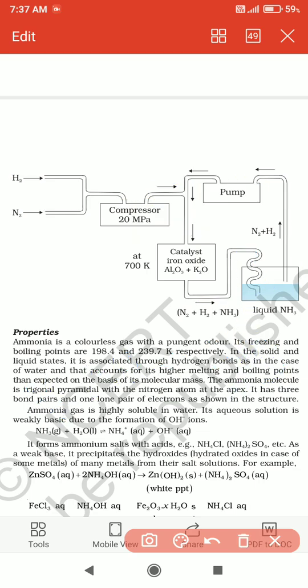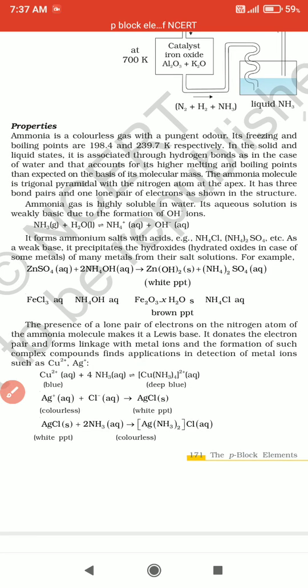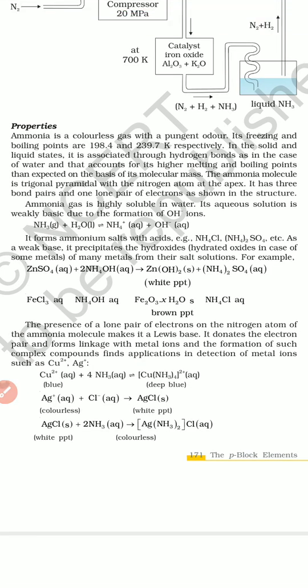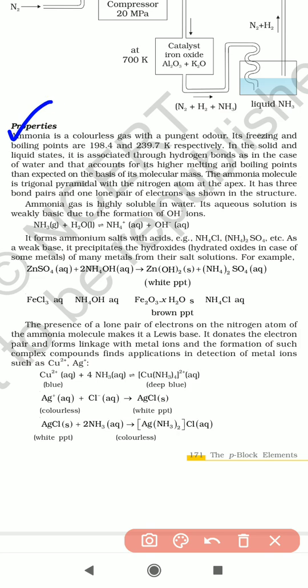So let us see what the properties are. What are the properties of ammonia from Haber's process? Just all of you see. Ammonia is a colorless gas with a pungent odor. Its freezing and boiling points are 198.4 and 239.7 kelvins.